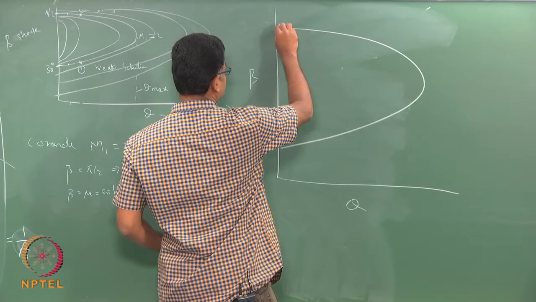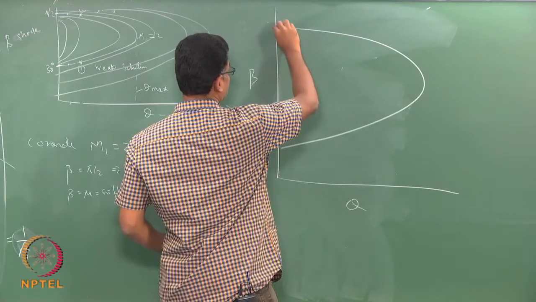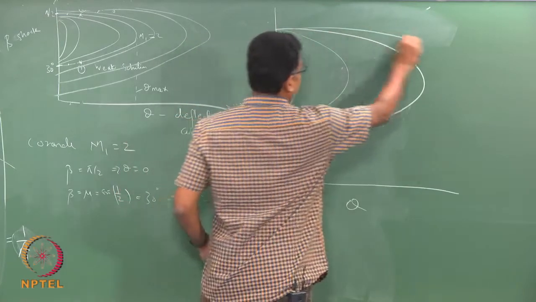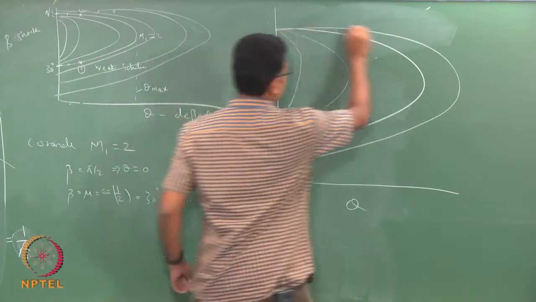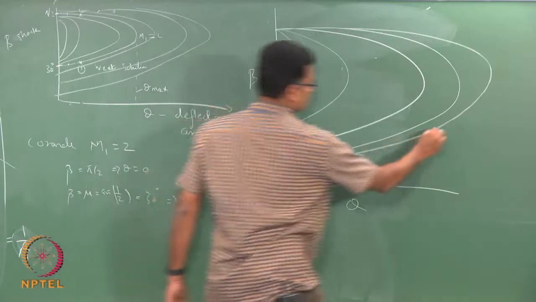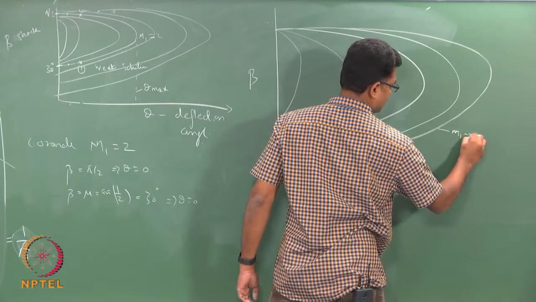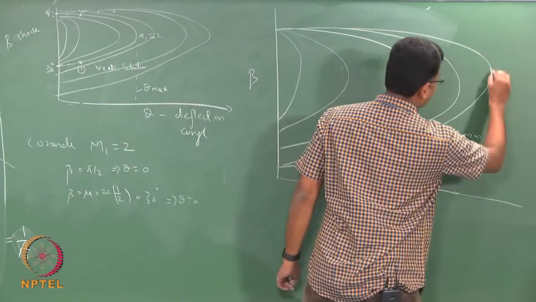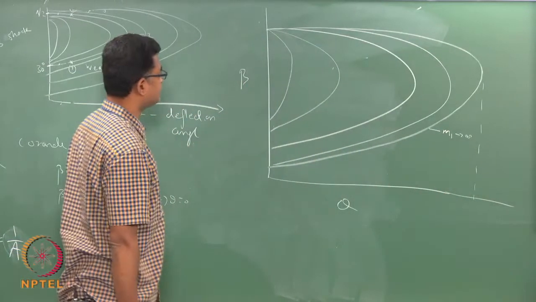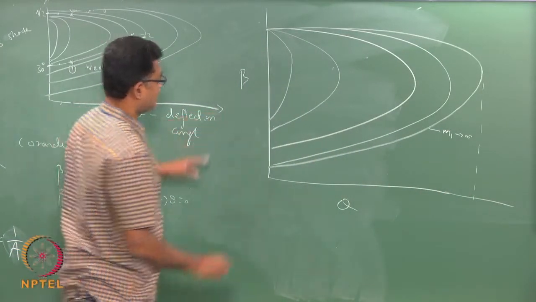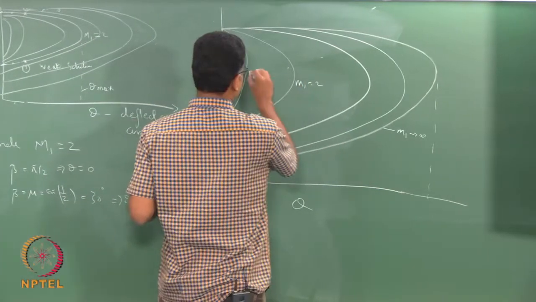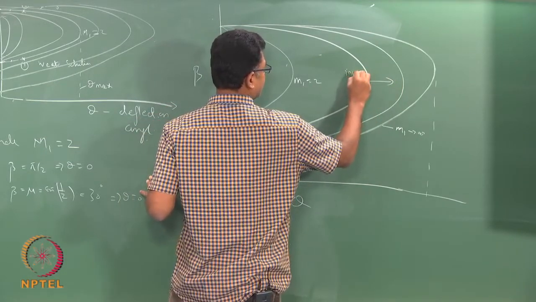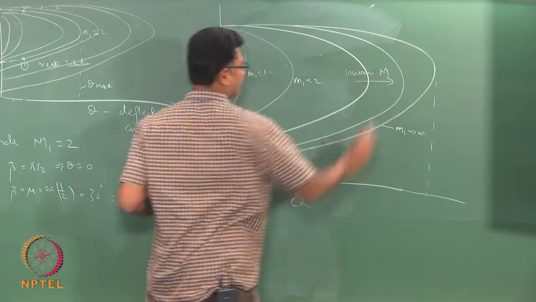So, this is, okay, tending to infinity, I have a limiting value. So, this is for M1 equals 2, this is for M1 equals 1 point something, this is for higher values, this is increasing M. Okay.